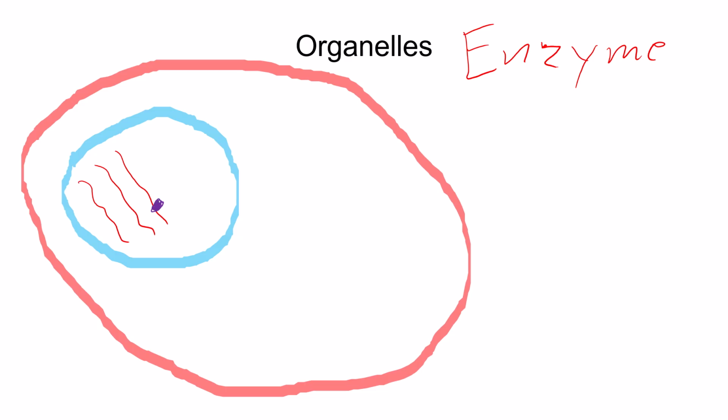And so just to help us keep track here, I will label some of our structures. This here is the DNA. And here in the purple, we have DNA polymerase.